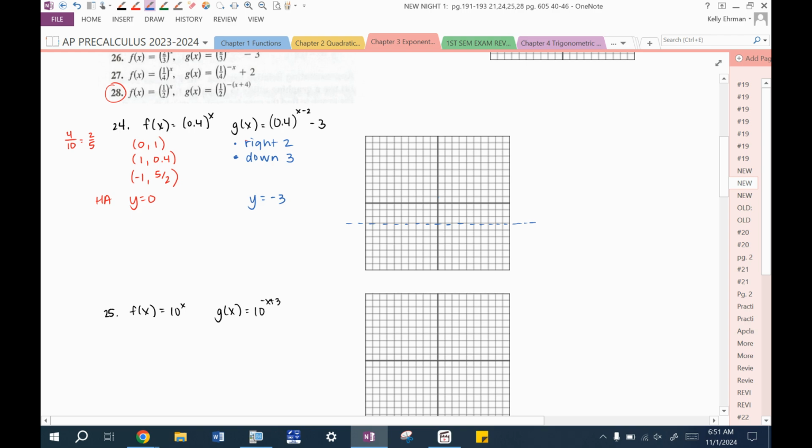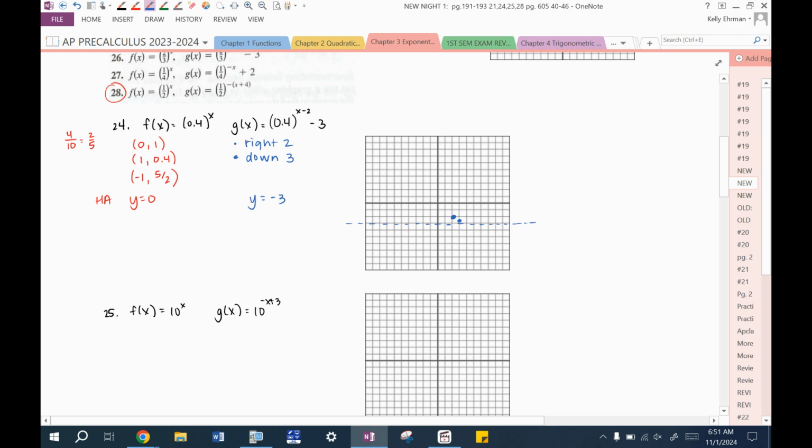All right, so (0, 1) gets moved to the right 2 units. Oh, and down 3. Oops. So try that again. (0, 1) goes right 2 and down 1, 2, 3. (1, 0.4), and then that goes right 2 and down 1, 2, 3.